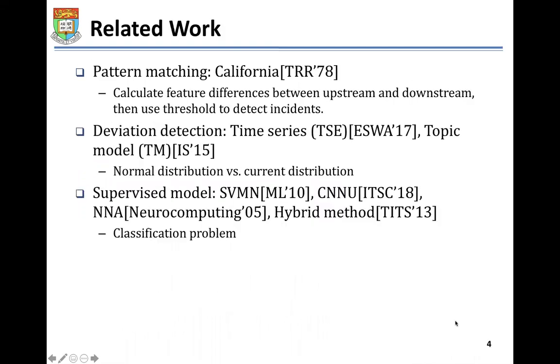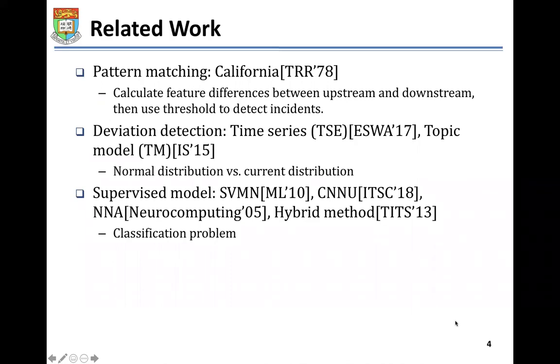Previous work on incident detection can be divided into three categories. First, pattern matching related methods. One of the most classic methods is California. It calculates feature differences between downstream and upstream, then uses a threshold to detect incidents.